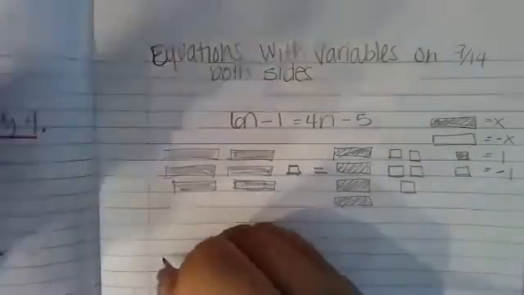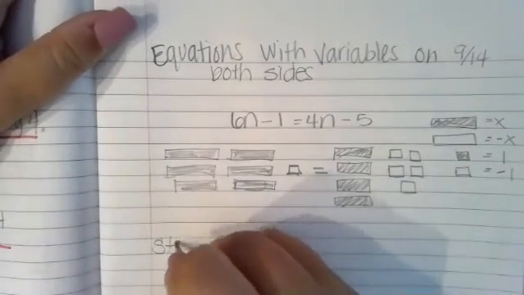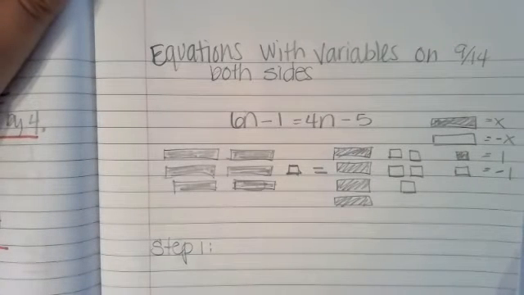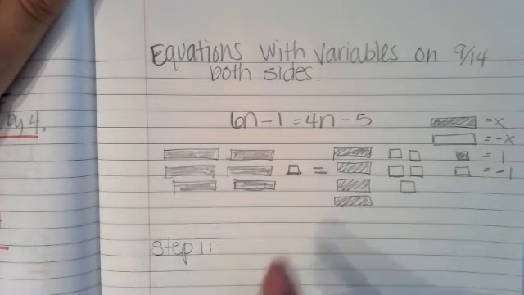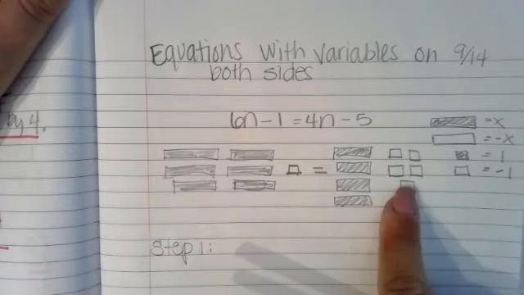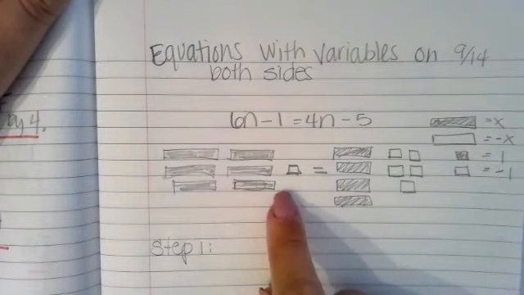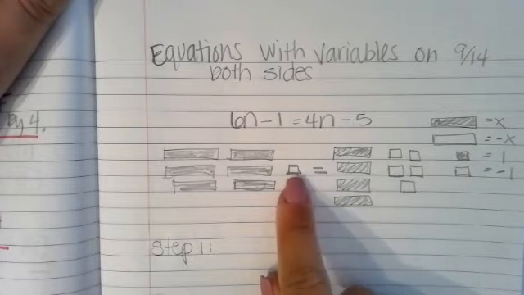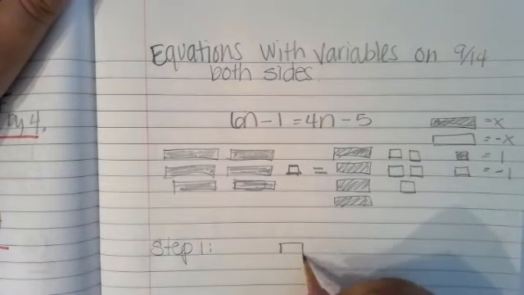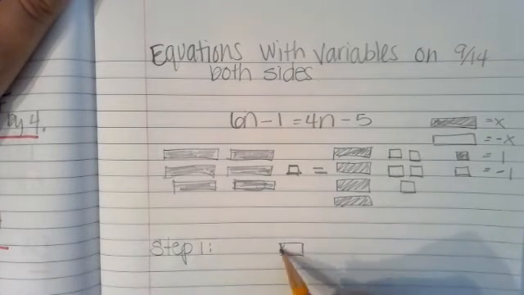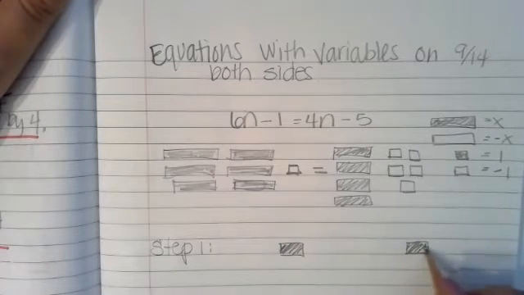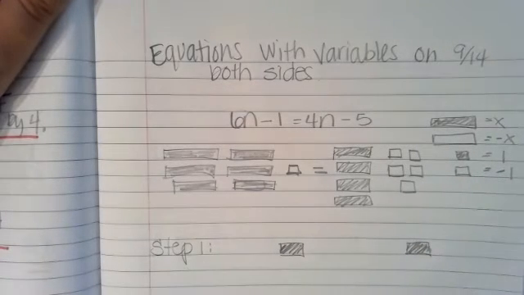So my first step is going to be to move the constants to one side. There's only 1 here, so I want to move this to this side. In order to move something, I have to create a 0 pair by using the inverse operation. So this is a negative 1, which means my first step is to put a positive 1 on both sides.